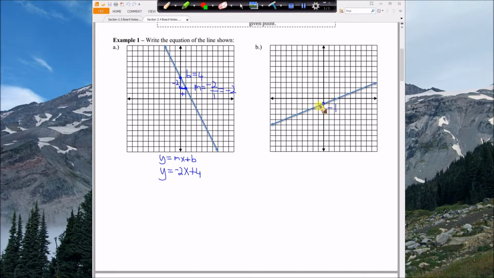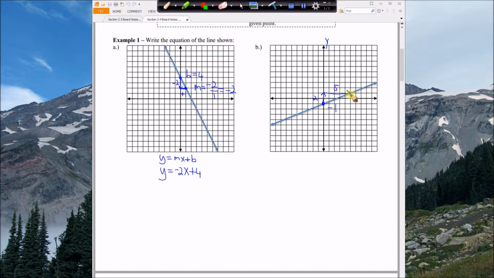Y-intercept again is where the line crosses the y-axis. Okay. And then to find the slope, find another point on the line. So if I find another point, for me it looks like here that would be another point. Okay, so you go up 2 and over 1, 2, 3, 4, 5, over 5.